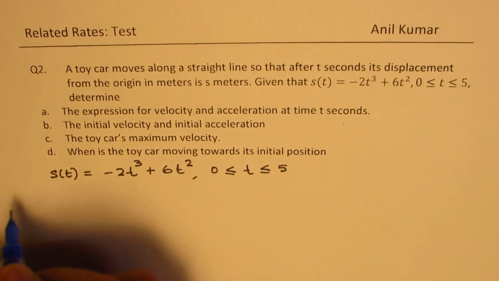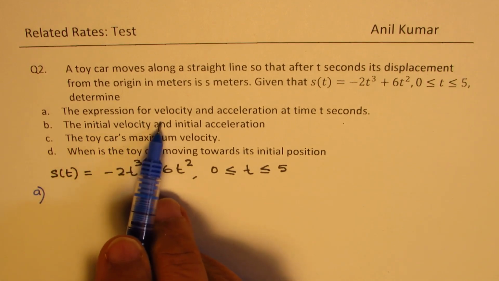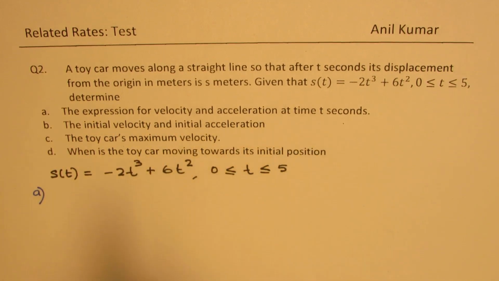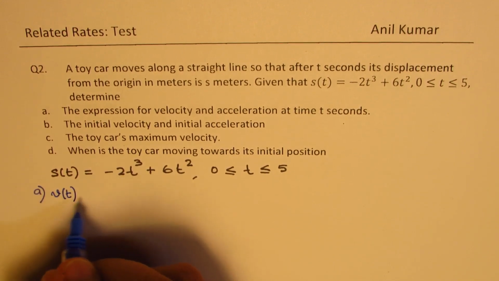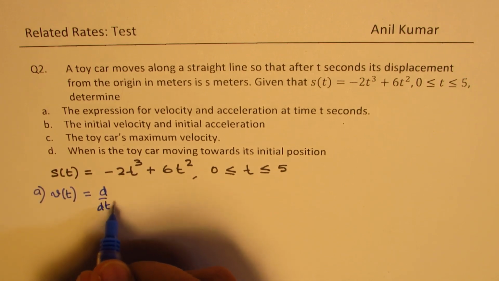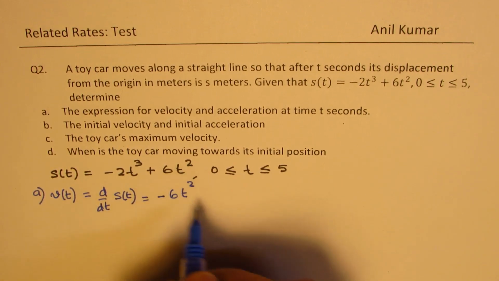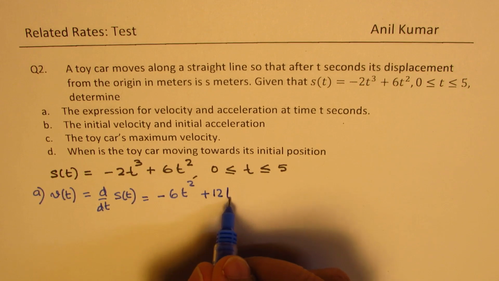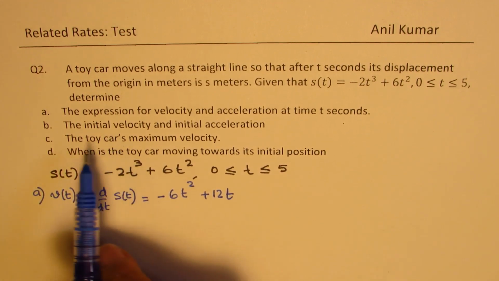Now part A of this question is an expression for velocity and acceleration at time t. So that is the derivative, right? The velocity at any time t is the derivative d/dt of s of t, correct? Which will be minus 6t squared plus 12t, right? So that becomes the expression for velocity.